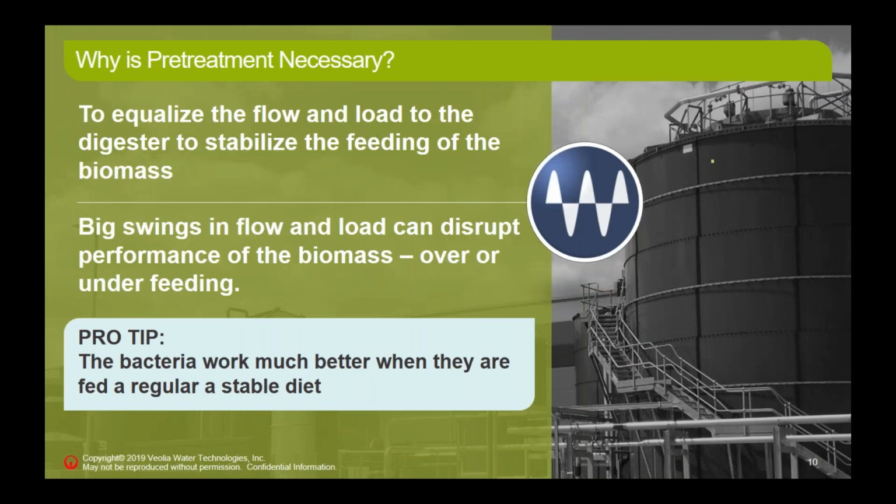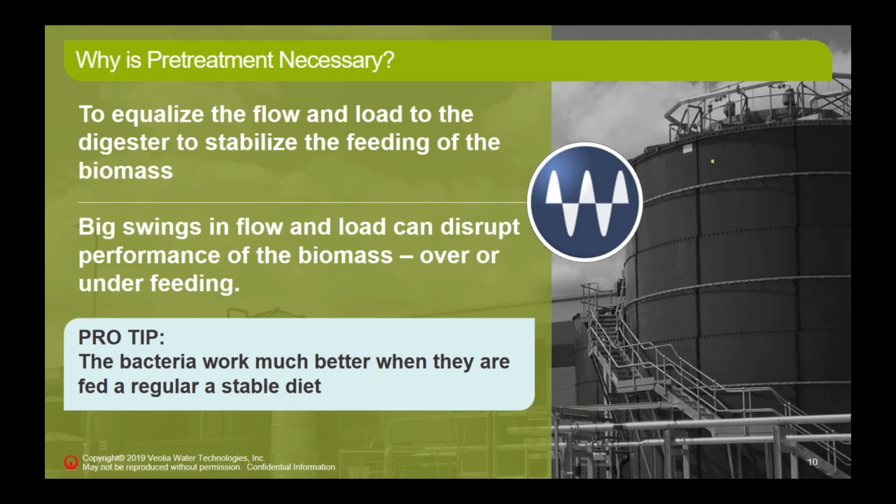Another reason to pre-treat wastewater is to equalize the wastewater. We all know that in production facilities, in the food and bev industry, pulp and paper industry, the wastewater doesn't come down from the plant at an even 100 gallons per minute, 24 hours a day, 7 days a week. It varies all over the place.